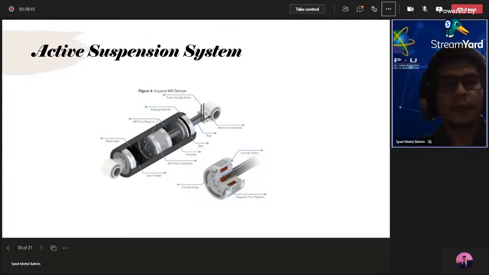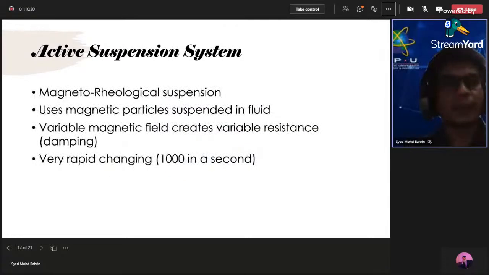And the thing about the Magneto-Rheological, okay, is that it is very, very fast. The response time is around 1 millisecond.